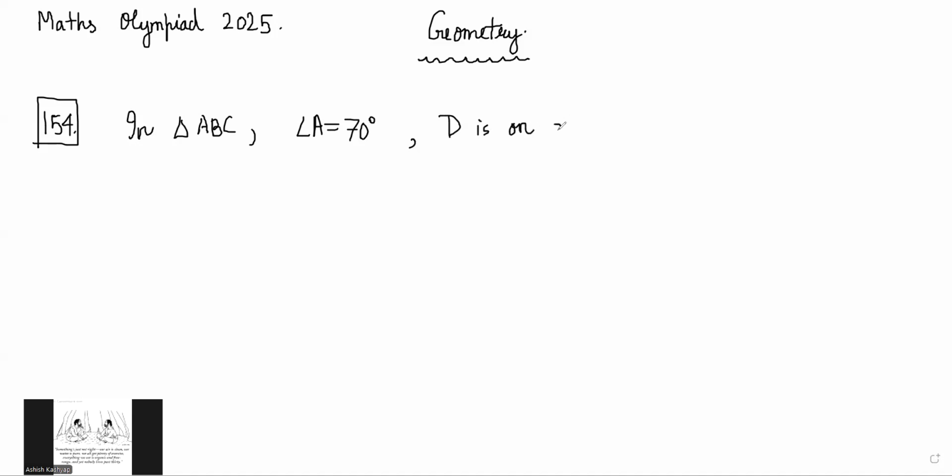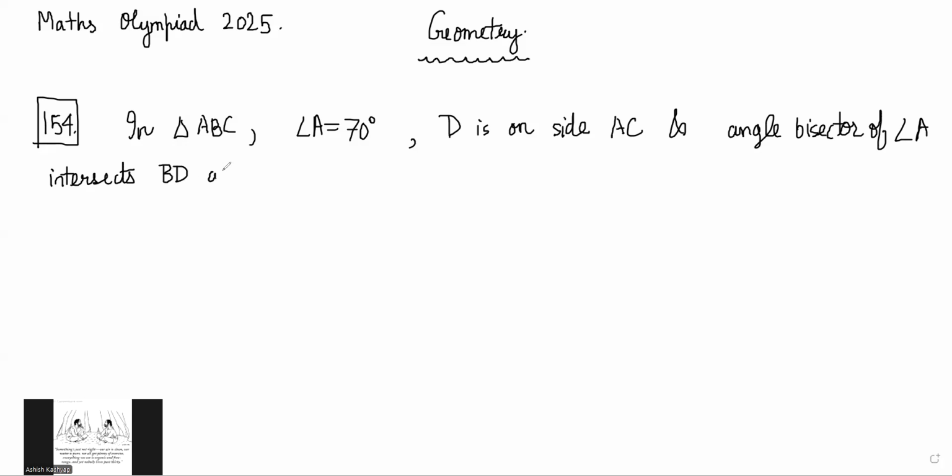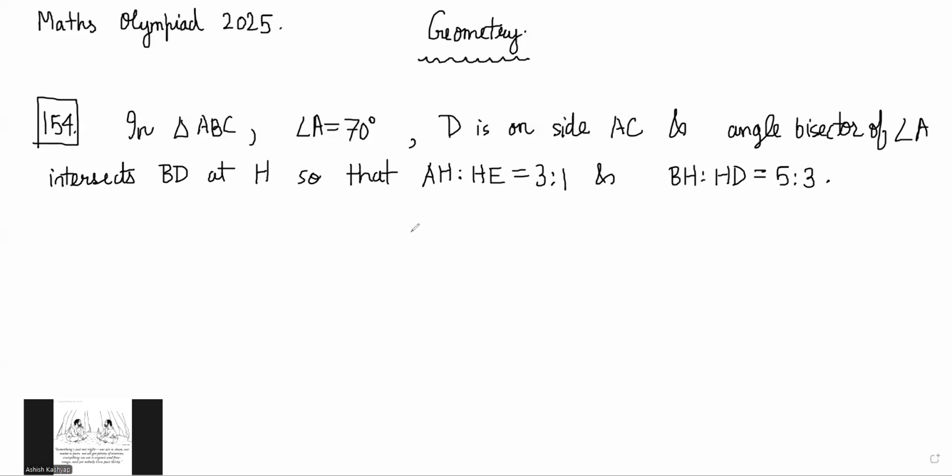D is on side AC and the angle bisector of angle A intersects BD at H, so that AH is to HE is 3 is to 1, and BH is to HD is 5 is to 3. You have to find angle C.